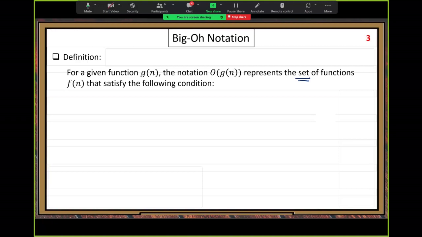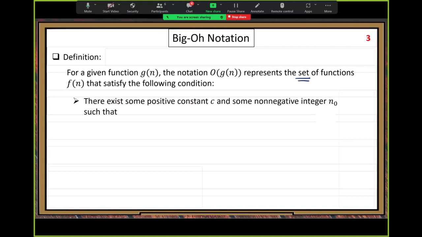For this big O, the condition is: there exist some positive constant c and some non-negative integer n naught, such that this inequality holds: f of n is less than or equal to c times g of n for all n greater than or equal to n naught.